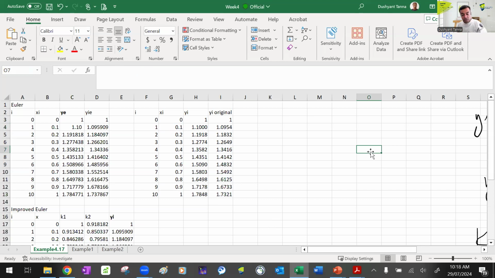If you talk about y1, square root of 2x1 plus 1. For y2, square root of 2x2 plus 1. y3 is square root of 2x3 plus 1. So that formula, again, double click and get it. And here you can compare the error between these two. Since your h is decent enough, you'll get some error, see 0.01. You're getting an error of 0.01. This is 7.8, this is 7.3, right?